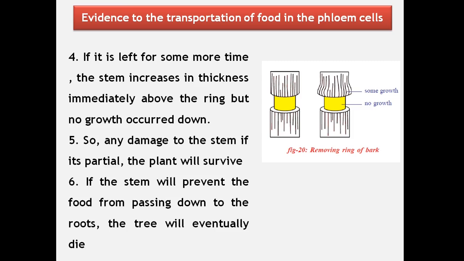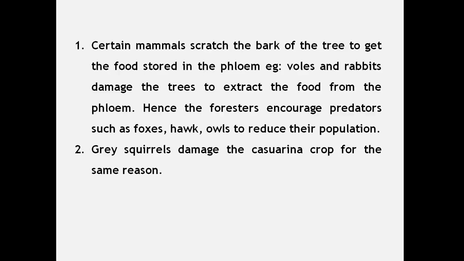So, if there is partial damage to the stem, the plant will survive. But if the damage prevents the food from passing down to the roots, the tree will eventually die. Certain mammals scratch the bark of the trees to get the food stored in the phloem.